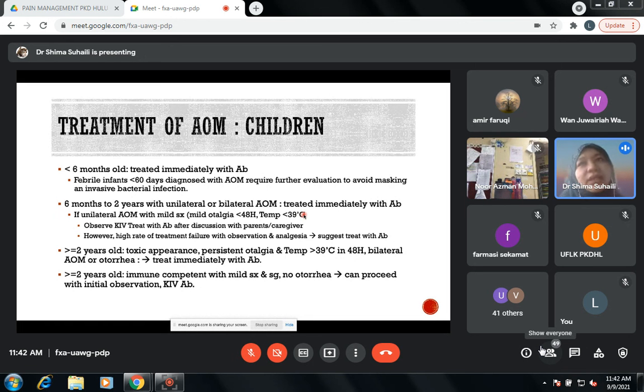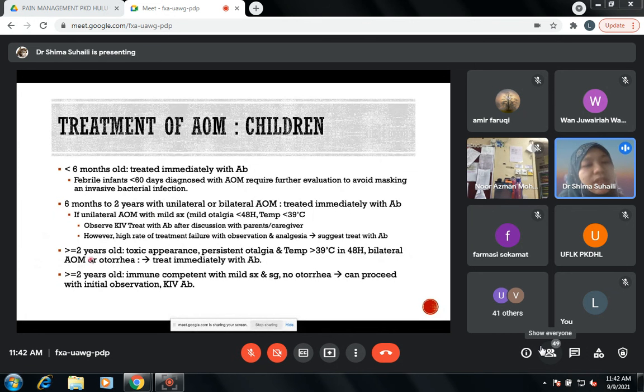Usually, I reserve this type of management for those children with history of allergy to antibiotic. Okay, so usually the parents are not keen to start any antibiotic. So if they fit the criteria, mild symptom, mild otalgia, low temperature or fever, we can do this. However, for this 6 months to 2 years old group, the rate of treatment failure is very high. So if the child really has no history of allergy to antibiotic, we might as well just treat them with antibiotic as early as possible.